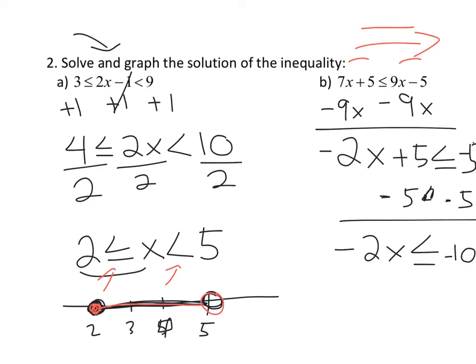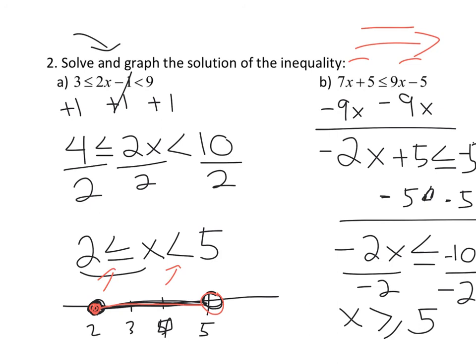Now, when I divide by negative 2, I am dividing by a negative, and when you divide by a negative, you have to flip the inequality sign. So what I get is x is greater than or equal to positive 5, because negative 10 over negative 2 is positive 5.